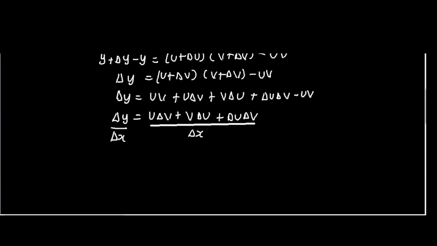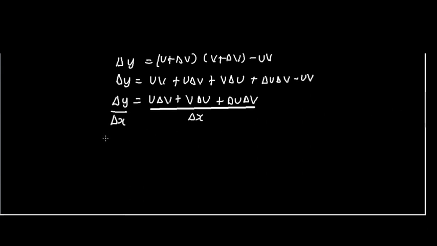As change in x approaches 0, the change in v will also approach 0, and the change in u will also approach 0. But this term is a product of two changes, change in u approaching 0 multiplied by change in v approaching 0, so this term will just completely get to 0.